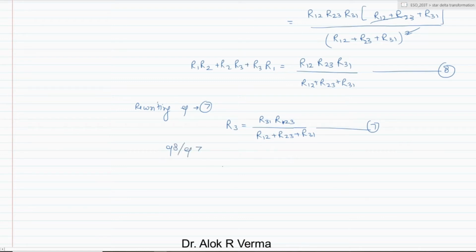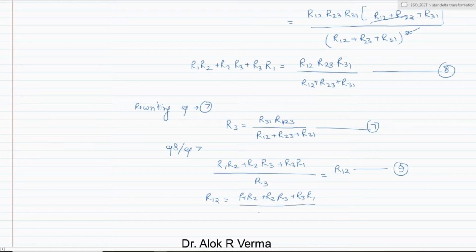What will we get? Equation 9. So we have clearly got R12 in terms of R1 R2 plus R2 R3 plus R3 R1 divided by R3.